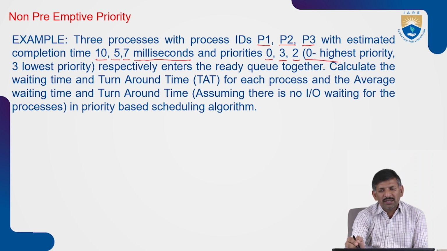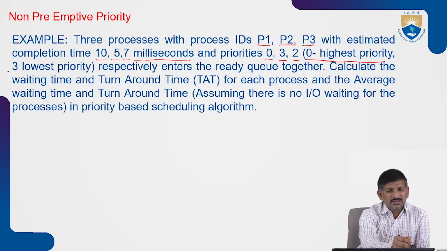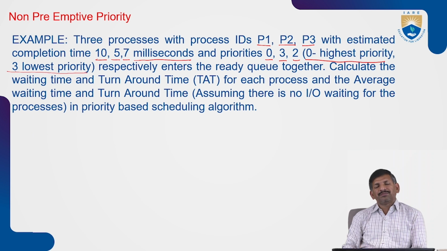Here 0 is the highest priority and 3 is the lowest priority. Respectively, they enter the ready queue together, at the same time.